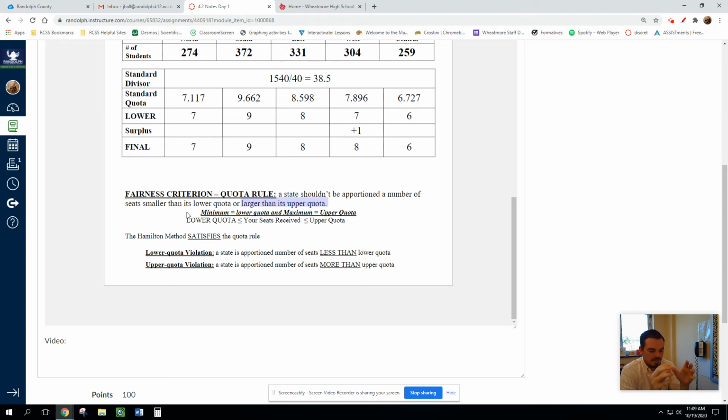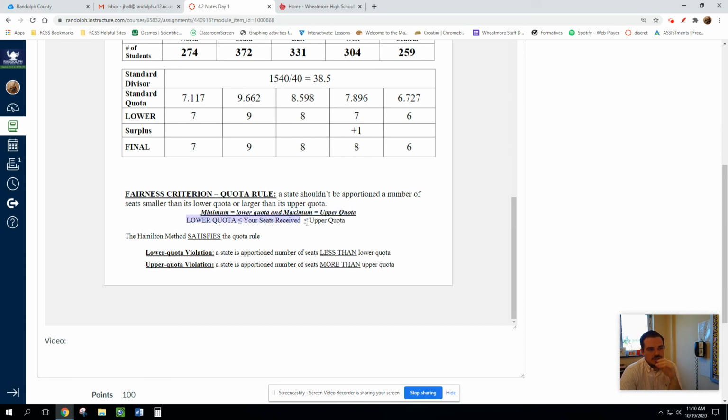The problem with this is that Hamilton's method doesn't always meet it, because for some of them it might go above the upper quota if the surplus is greater. We'll deal with that later. The minimum equals the lower quota, the maximum equals the upper quota. So you can't get more than the upper and you can't get less than the lower.